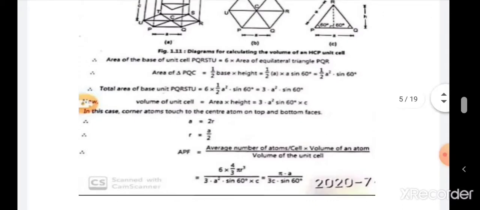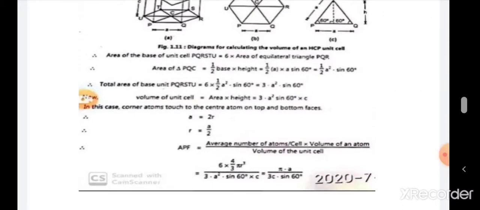Now 8 and 8 get cancelled. So in numerator only pi into a cube will remain. In denominator, we already have 3a square sin 60 into c.